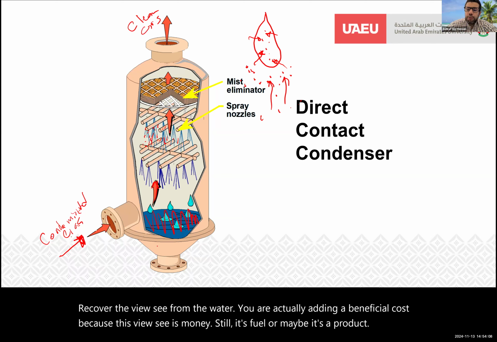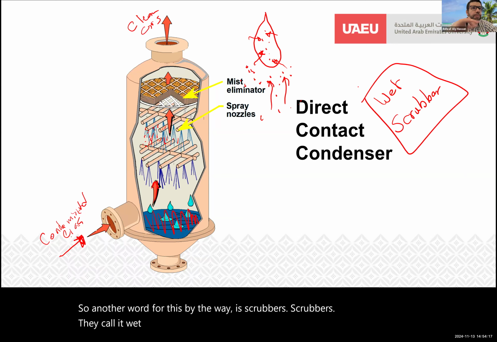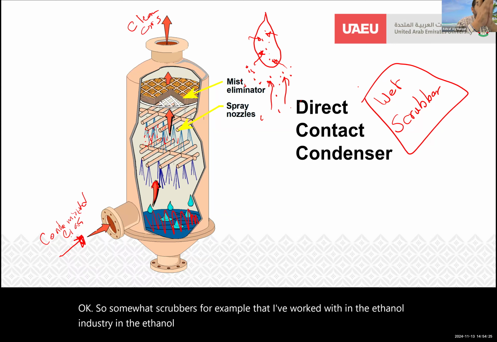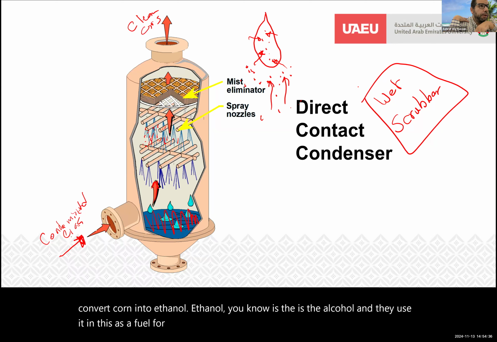Another word for this, by the way, is scrubbers. You call it a wet scrubber. Some wet scrubbers, for example, that I've worked with were in the ethanol industry, where they convert corn into ethanol. Ethanol, you know, is the alcohol they use as a fuel for cars, an additive for gasoline.